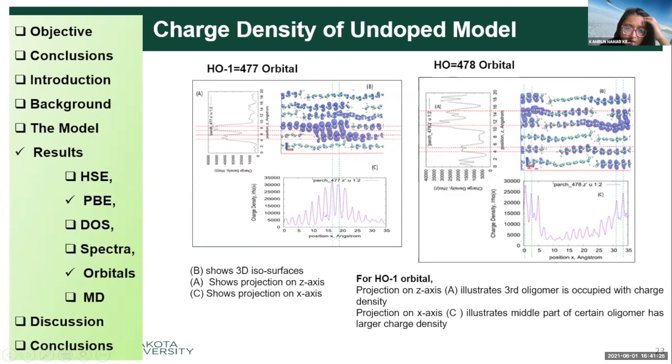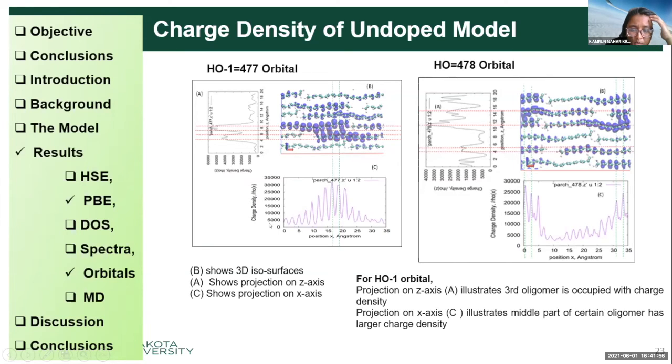So in this peak, in this area, the third oligomer is more charge dense, it shows more charge density than the others.